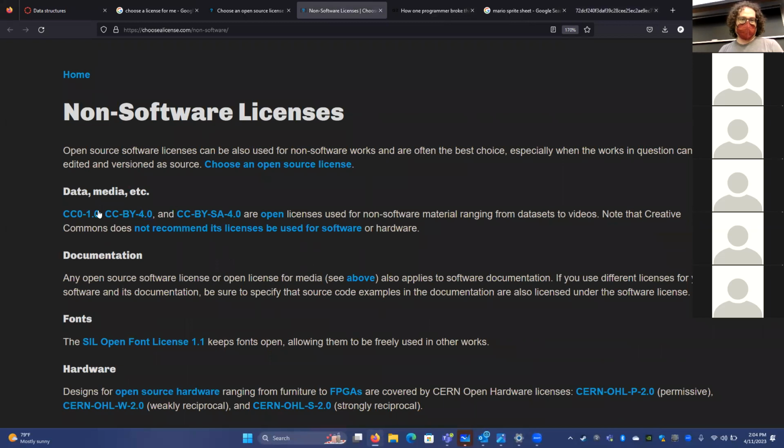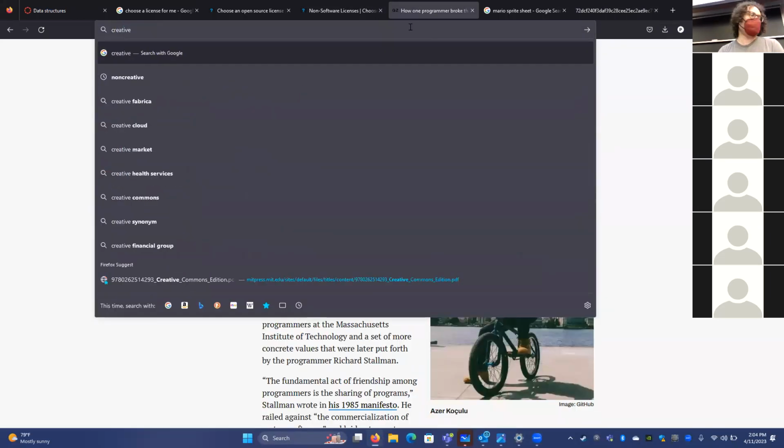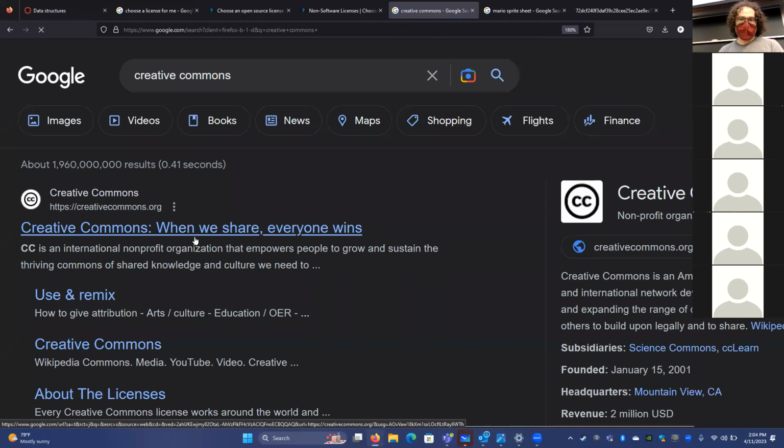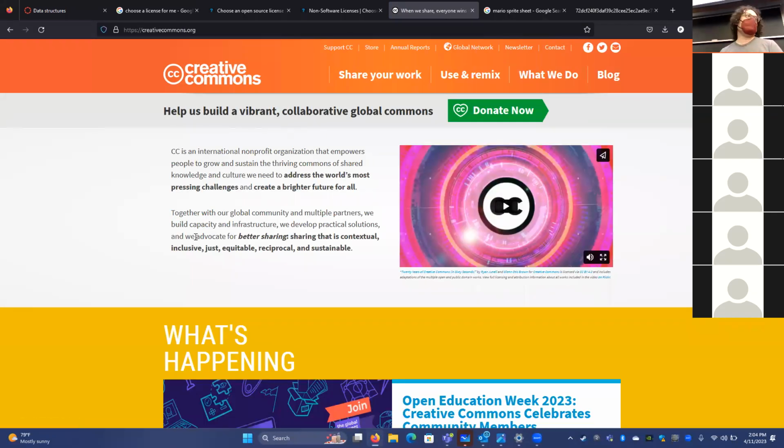For a lot of stuff, the Creative Commons license is possibly the best thing to use. Creative Commons is a license specifically set up for works like pieces of music, pieces of art, pieces of literature.